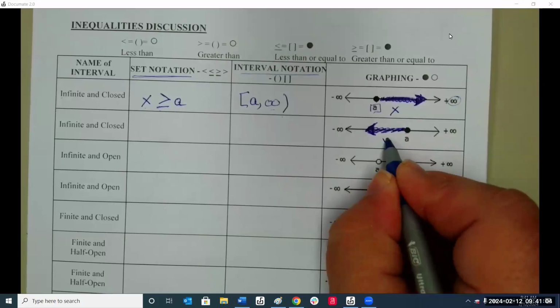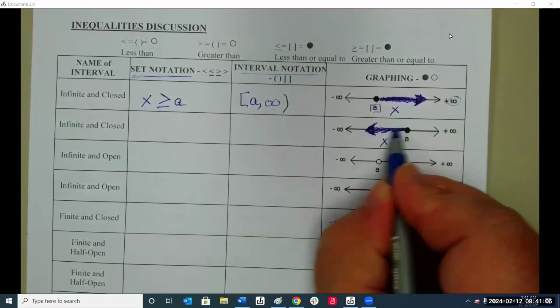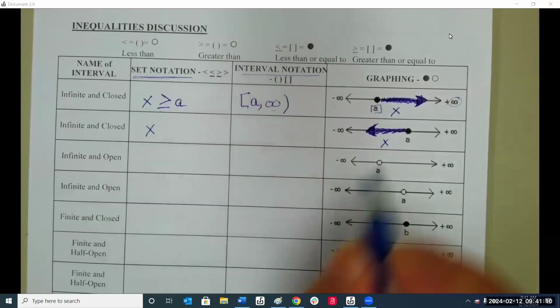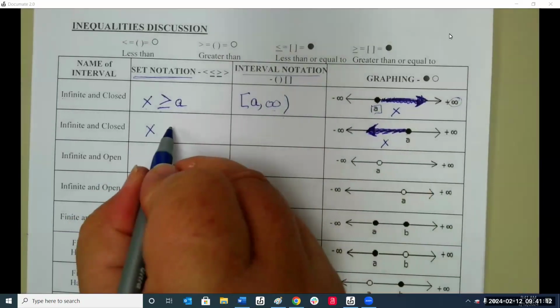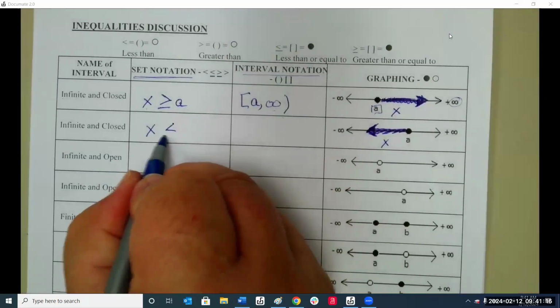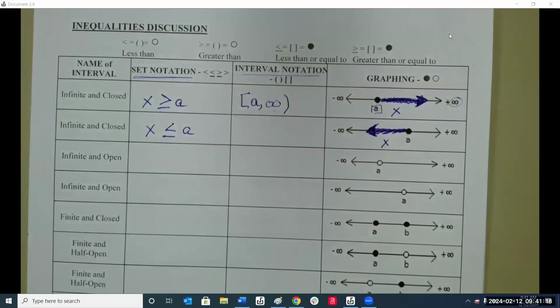Again, these are my x's. My x's are everything I can use. Those are my answers. So my x's, since they're to the left of A, that means it's less than, solid, so it's equal to the number A.